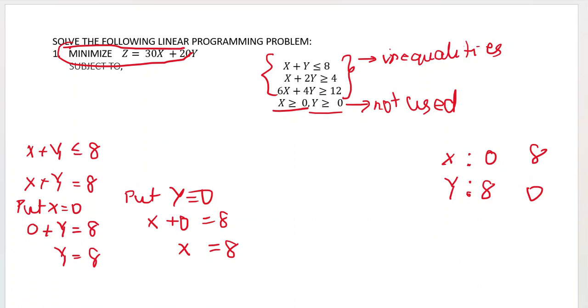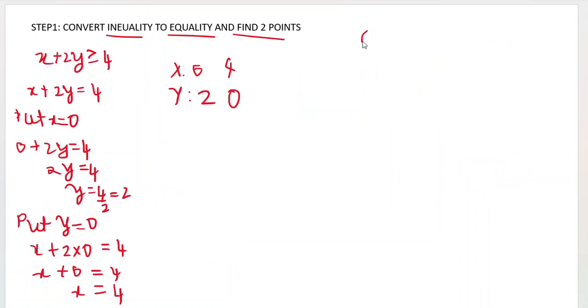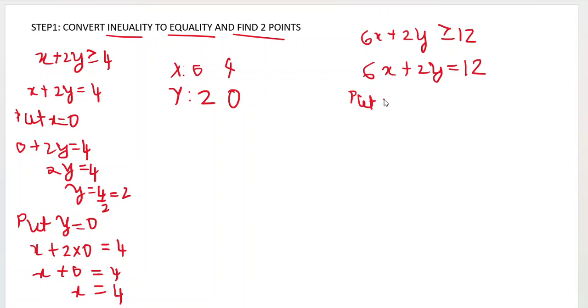Same way we do it for the third inequality, 6x plus 2y more than or equal to 12. We convert this to an equality, 6x plus 2y equal to 12. To get the 2 points, we put x equal to 0.